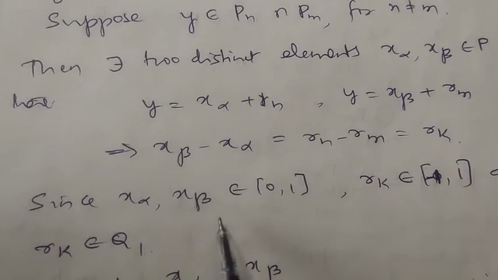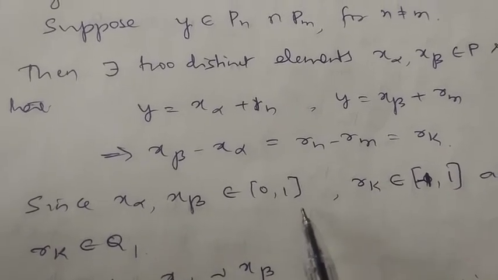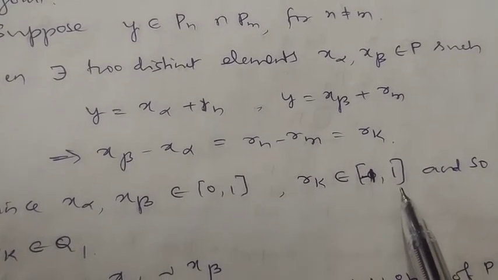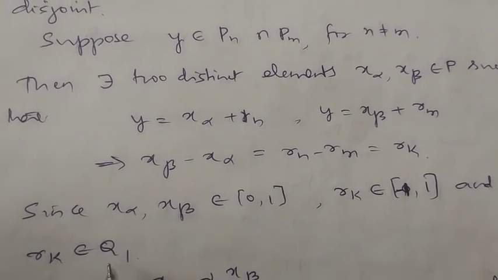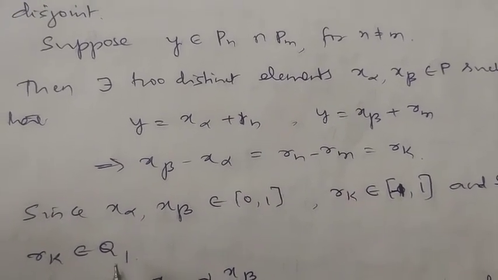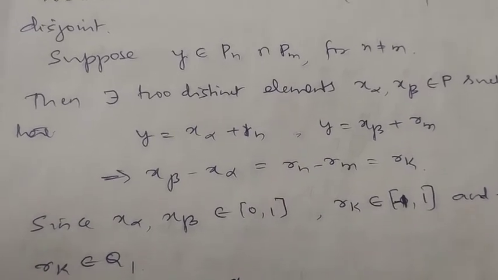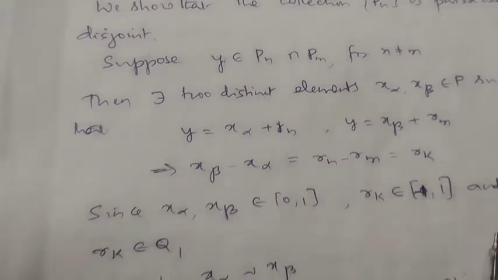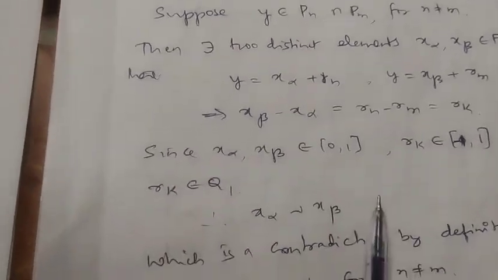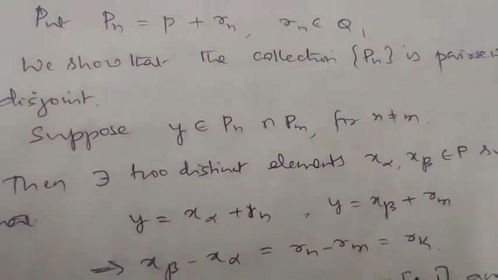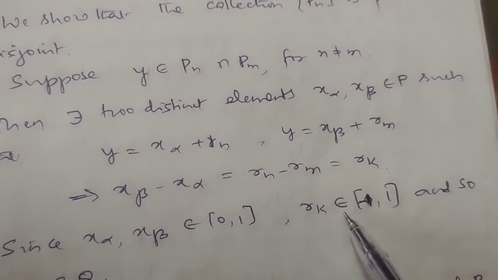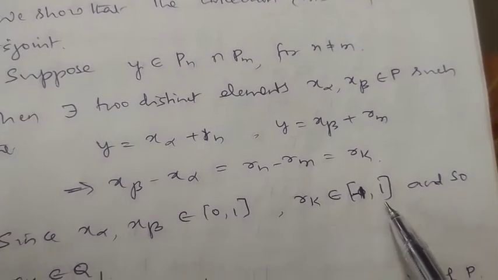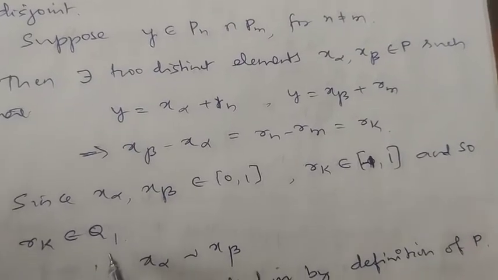Now x alpha, x beta belong to [0, 1], so Rk belongs to (-1, 1), and Rk belongs to Q1.